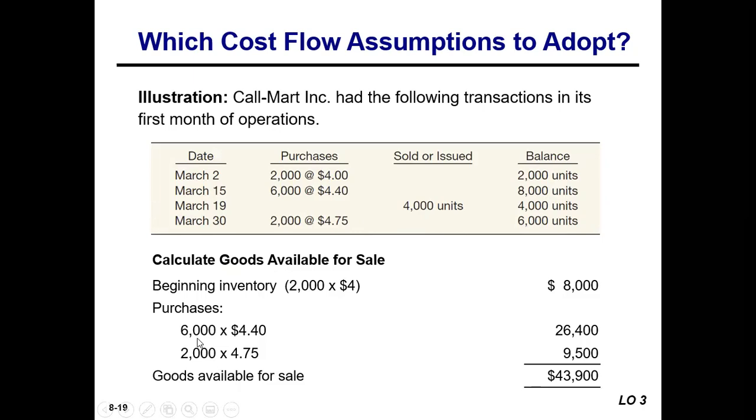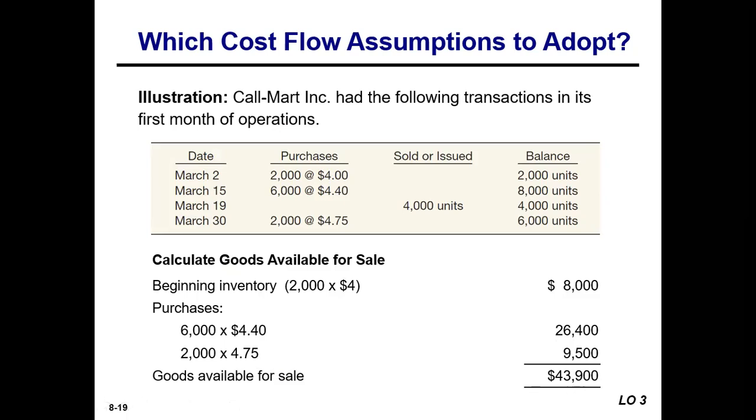And so we had this beginning inventory, 2,000 units times $4 each, 8,000. We purchased 6,000 units at $4.40 each, 26,400. And then we purchased 2,000 units at $4.75 each, 9,500. Cost of goods available for sale. So our beginning inventory plus our purchases gives us cost of goods available for sale, that's 43,900, right?